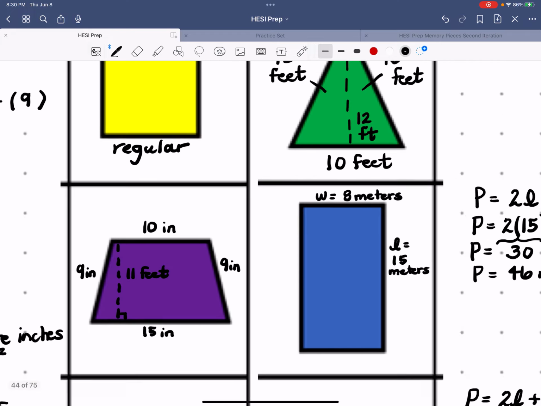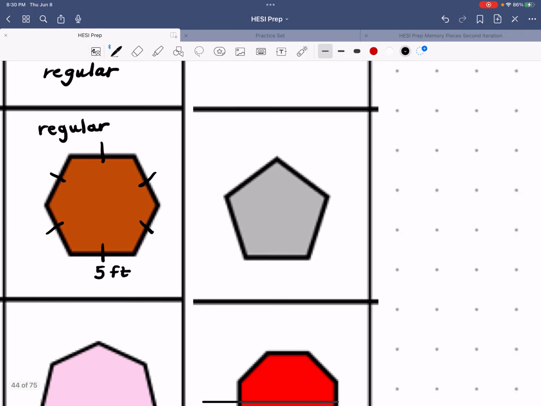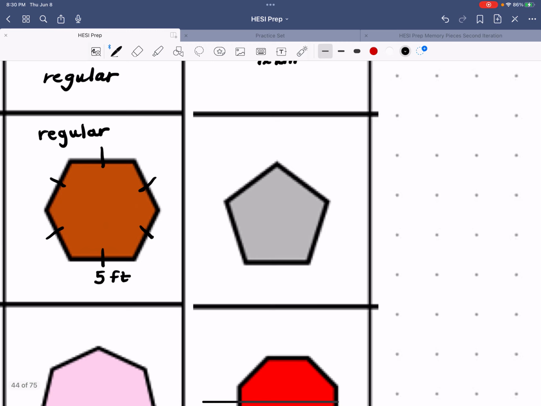All right, a pentagon. In this case, I don't think it's regular. It might be if we measured it. I think maybe these two are the same. These two are the same. And possibly this one matches up there. I just am not sure, but that's what we'll pretend.